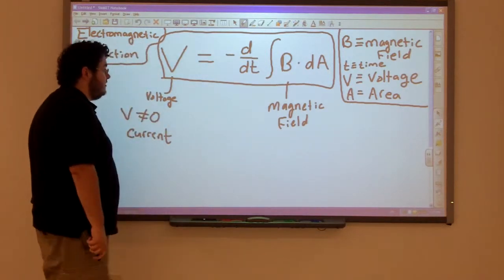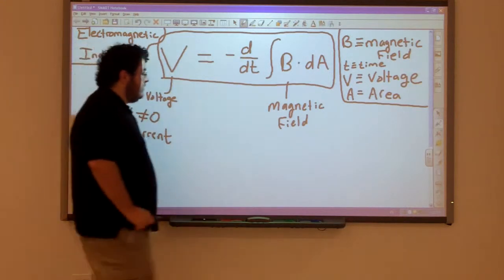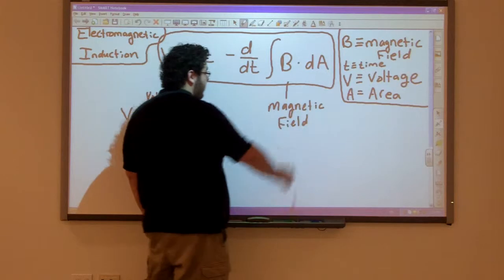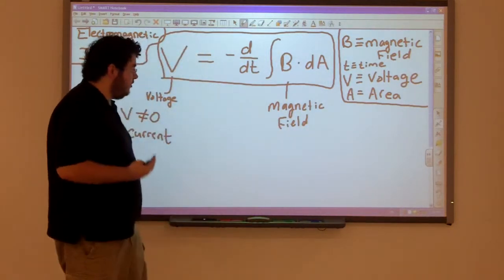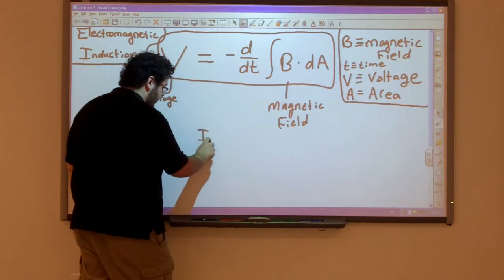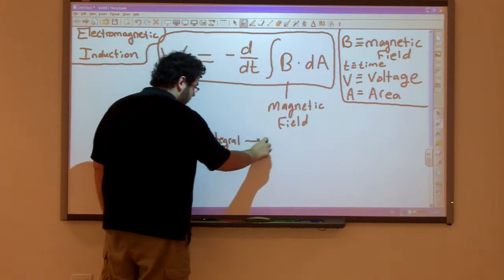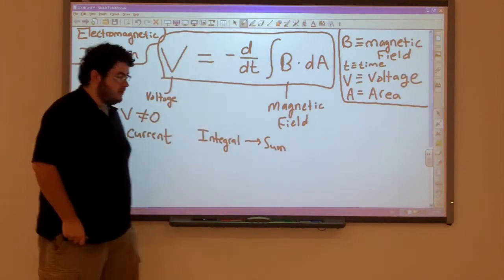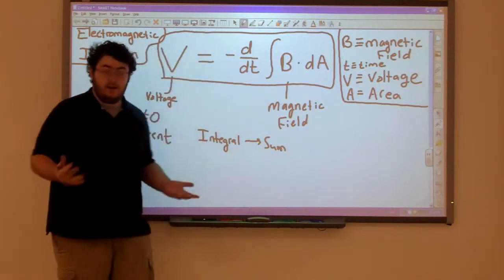Okay, so when is this not zero? Well, when this side is not zero. But what is that side? What we're doing is taking the integral of a magnetic field over an area. But you have to remember that an integral is a sum, right? An integral is nothing more than a summation. It's a Riemann sum. So we're adding up how much magnetic field there is in a given area.